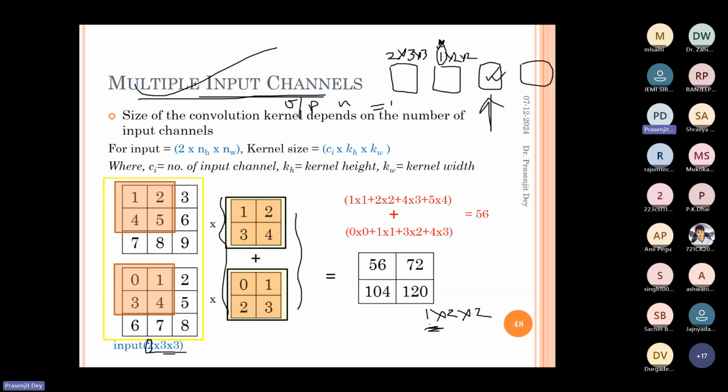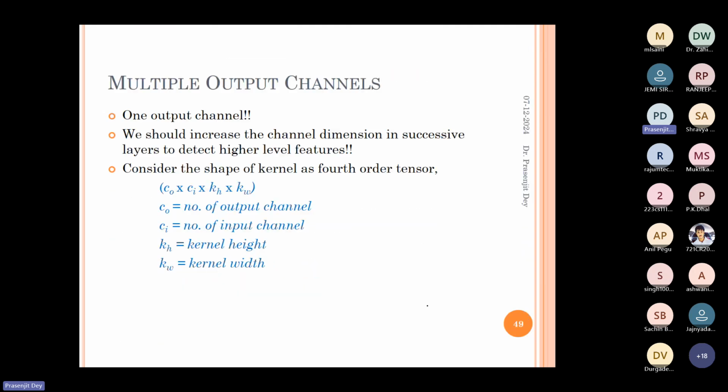So for the next layer, the input channel has become one. It has lost the information related to the channel. Due to that reason, we have to think further in such a manner that if the input channel is multiple, the output channel should also be multiple. How can we do that? Let us proceed.